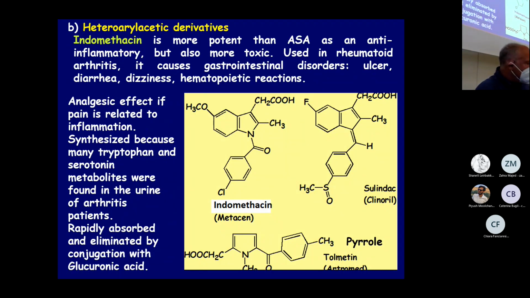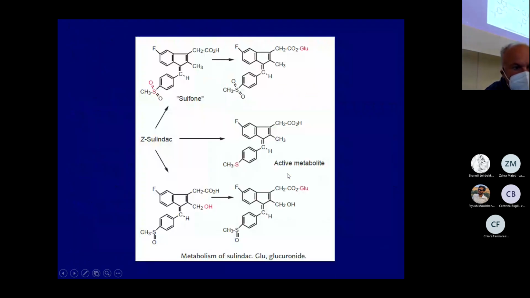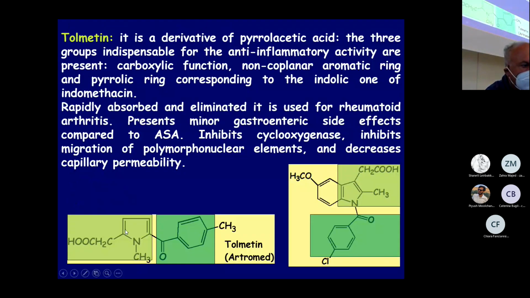Scientists tried to minimize the chemical structure of indomethacin. In particular, you can see tolmetin. You see the pyrrole group, this heterocycle, very similar to the one present in the indole system.